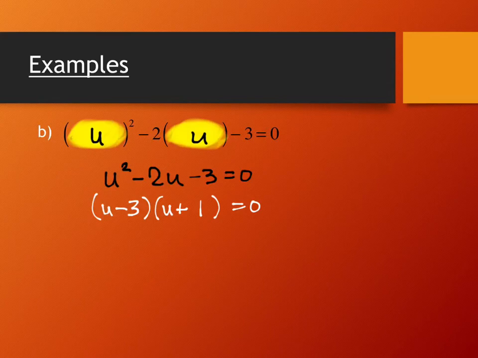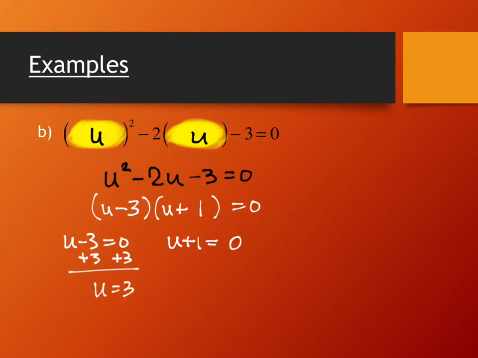Okay? And then I can set each of these equal to 0. U minus 3 equals 0. U plus 1 equals 0. And I can solve them because they're linear now too. I can add my 3, so my u is 3. And I can subtract my 1, and so u is equal to negative 1.